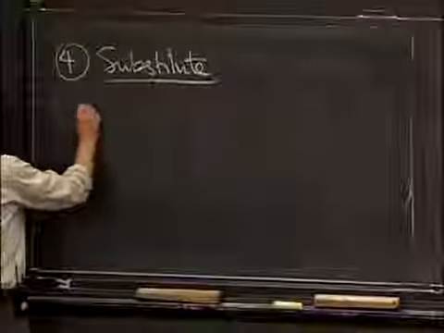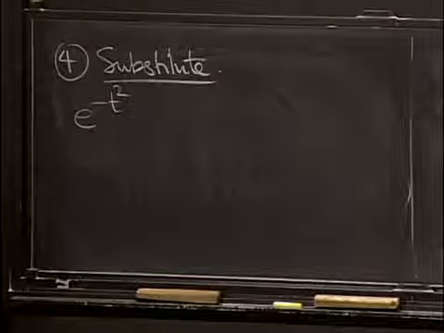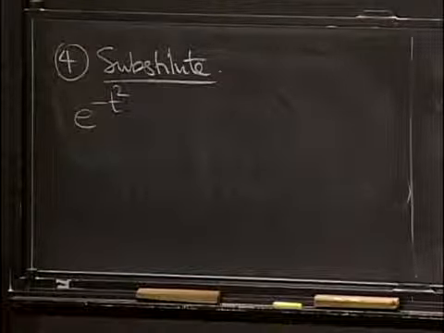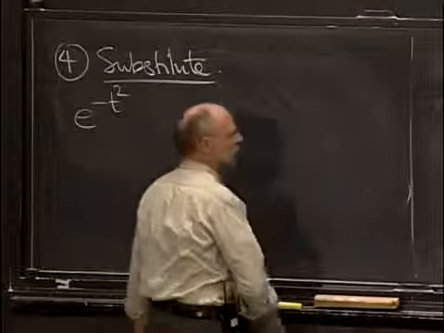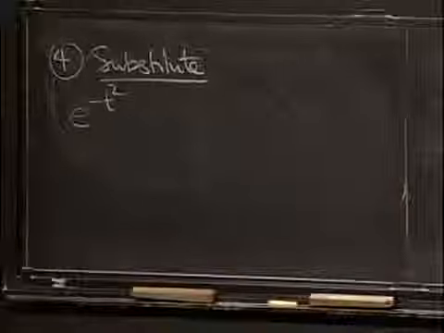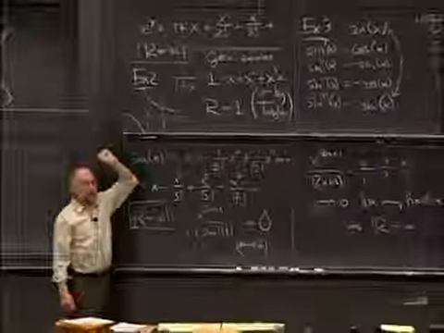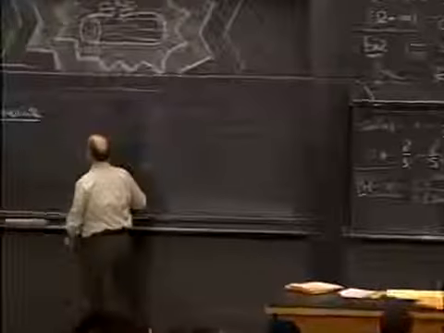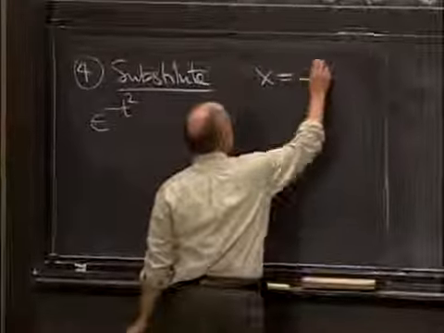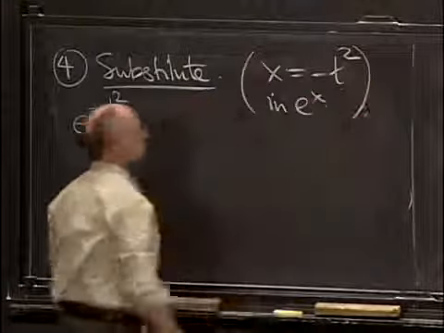So I'm going to try to find the power series expansion of e to the minus t squared. And the way I'll do that is by taking the power series expansion for e to the x, which we have up there, and making the substitution x equals minus t squared in the expansion for e to the x.